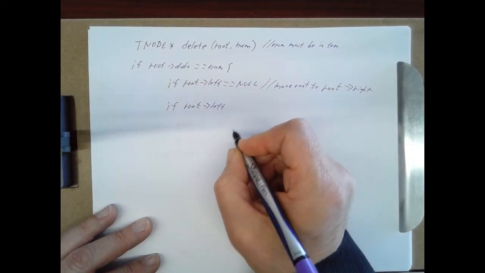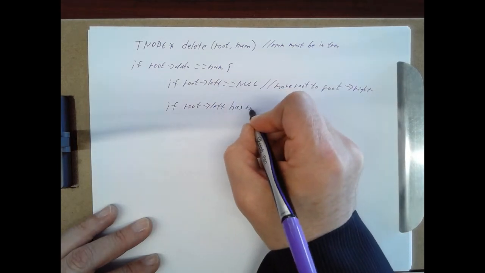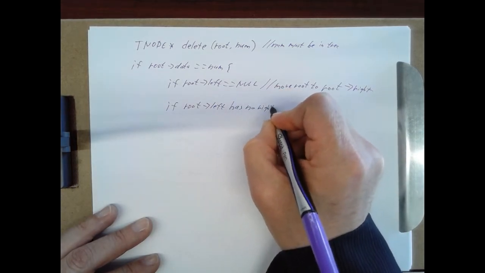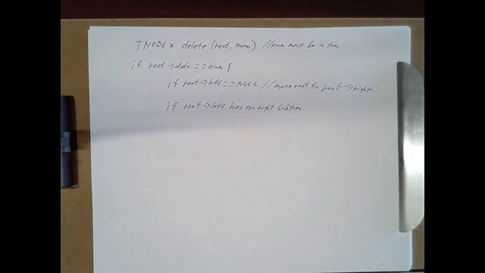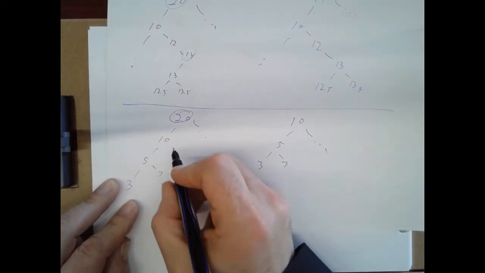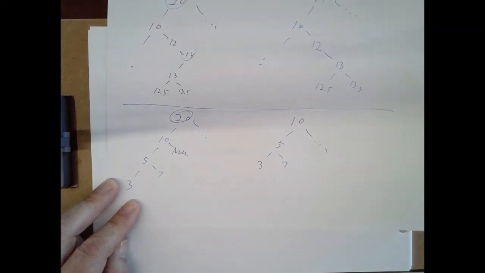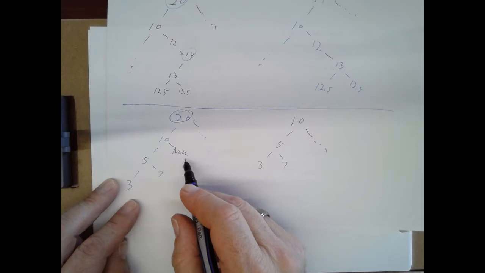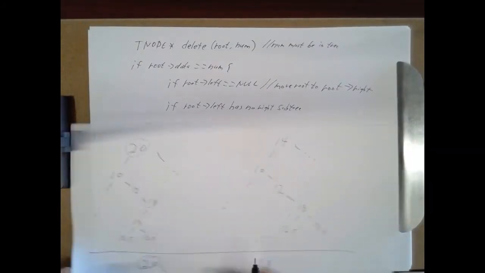If root left has no right subtree, that's the case where we have a left subtree, but there's nothing to the right of that subtree. And in that case, we simply make this node's right subtree equal to the root's right subtree.